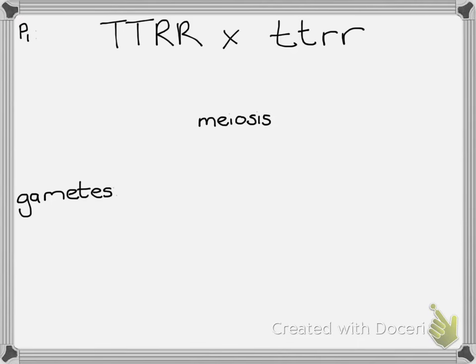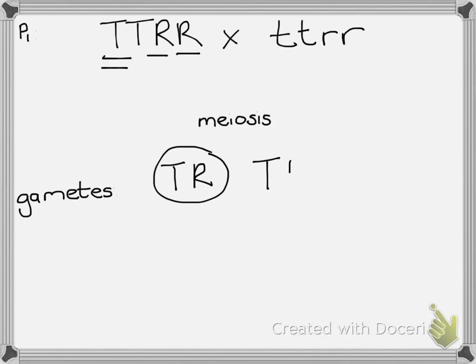Just like before, you are going to work with one parent at a time. So let's make my first 4 gametes. I'm going to take the first letter T and the first capital R, and I'm going to make my first gamete. And I will do it again. I'm allowed to use this capital T once more, and I'm going to use a different R this time, and I've now made my second gamete.